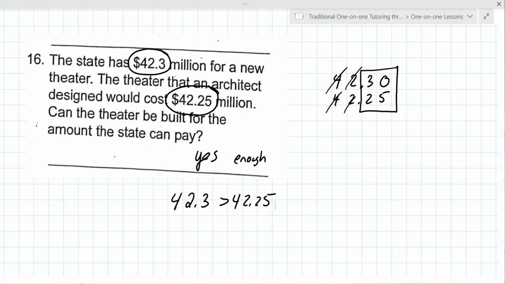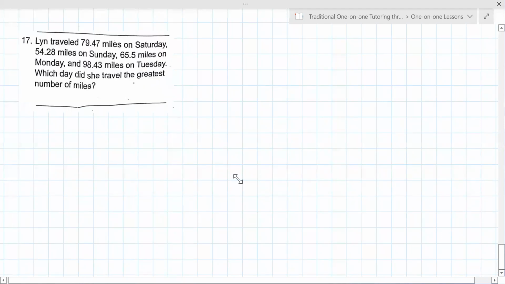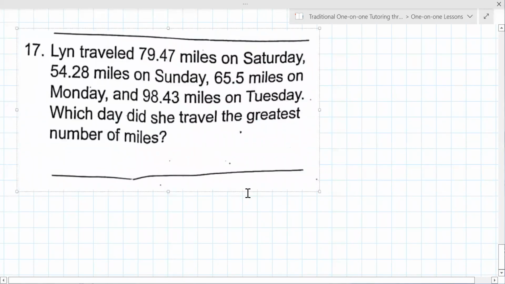Okay, let's look at 17. All right, will you read this one out loud for us, please? Lynn traveled 79.47 miles on Saturday, 54.28 miles on Sunday, 65.5 miles on Monday, and 98.43 miles on Tuesday.